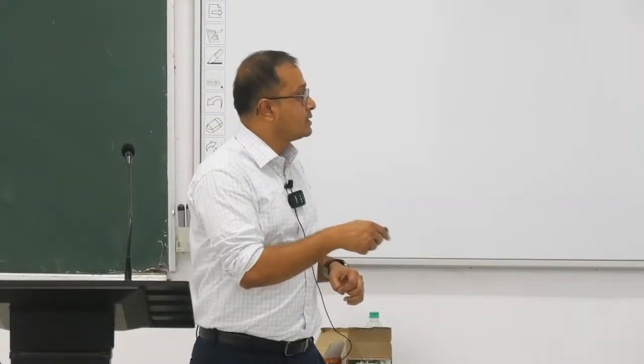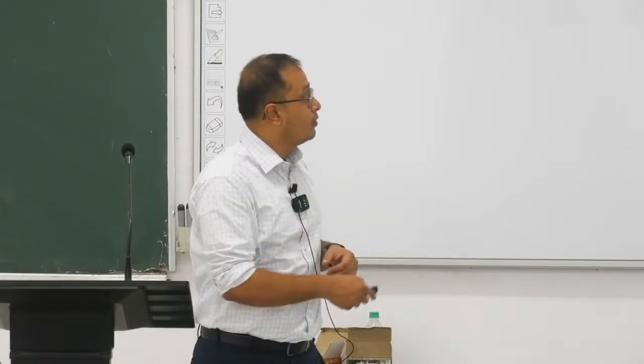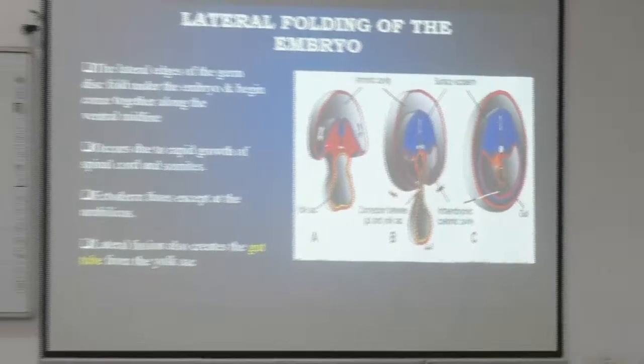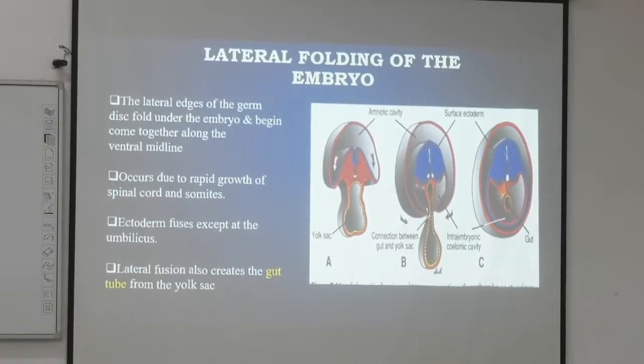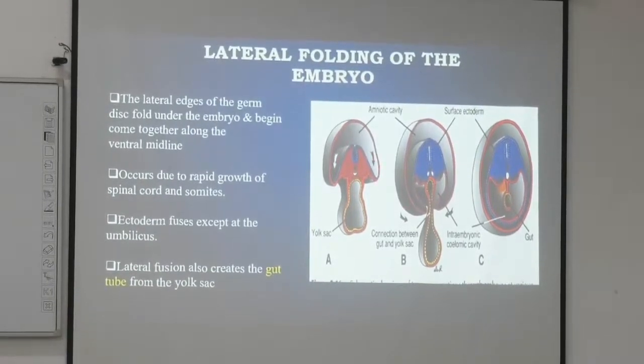Now this particular curvature is accompanied by another fold, which is known as the lateral bend or lateral fold. As a result of this, the amnion or amniotic cavity drops down, and the yolk sac cavity sucks in.